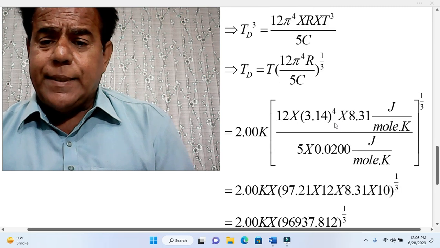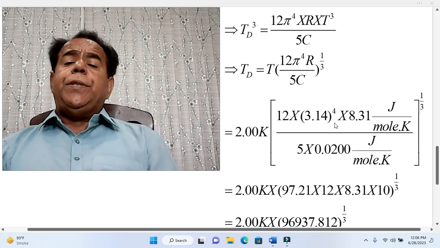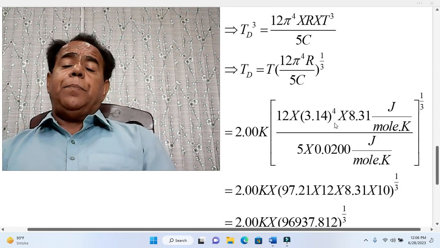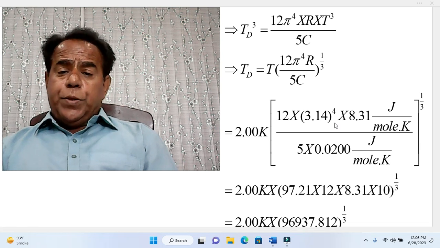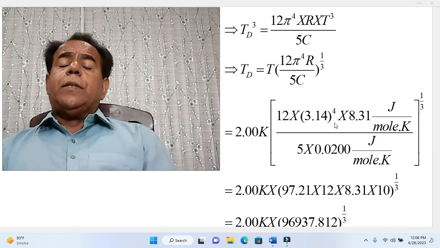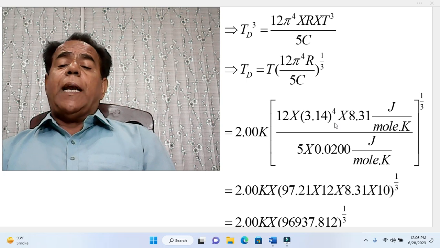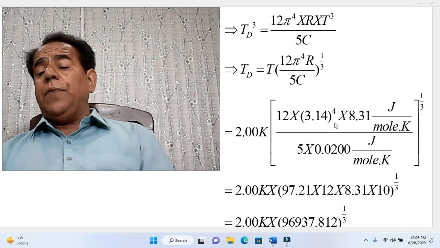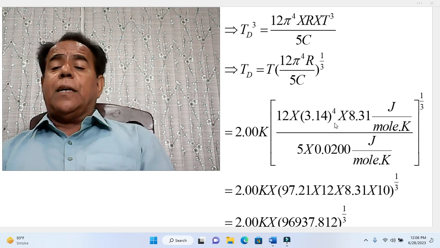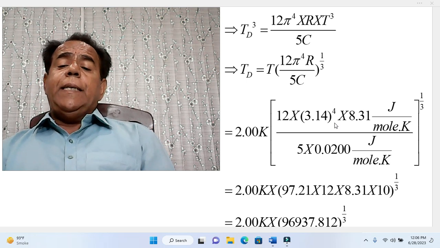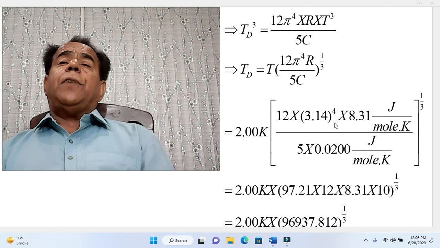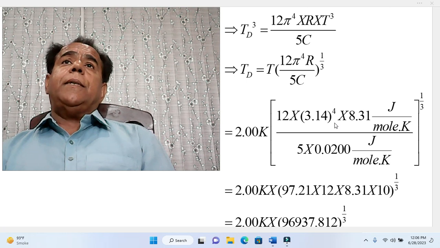So in the next step, we have just used the values of these parameters. T_D becomes equal to, because temperature T has been given as 2.00 Kelvin, 12 is a constant number, pi is also a constant number. Pi's value is 3.14 up to 2 decimal places.